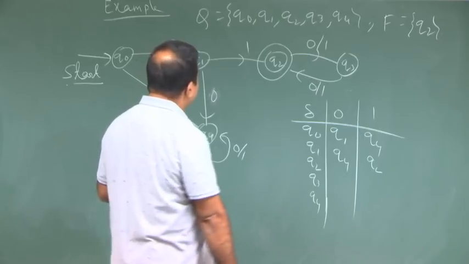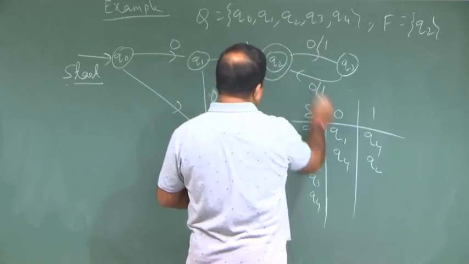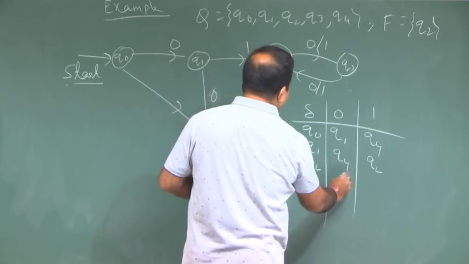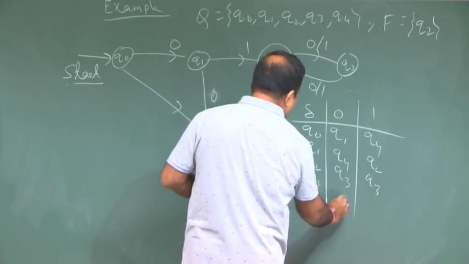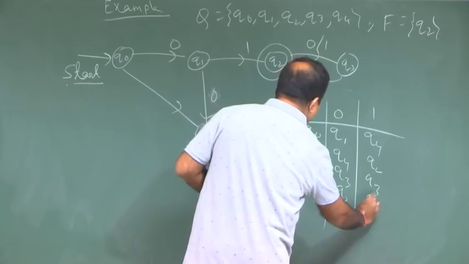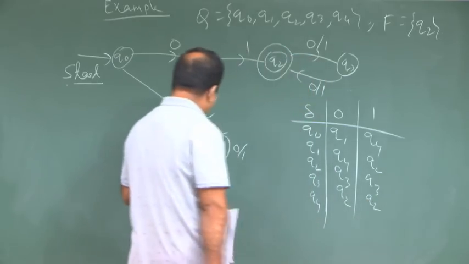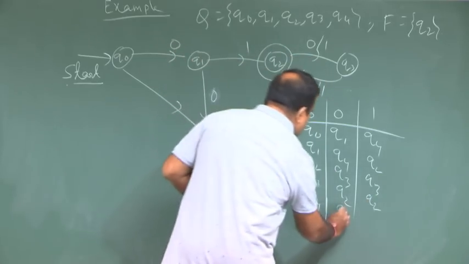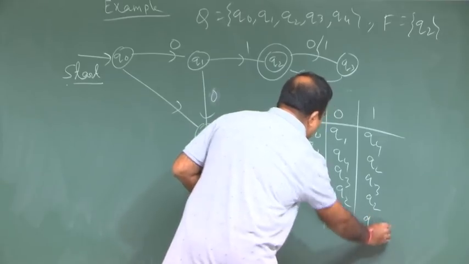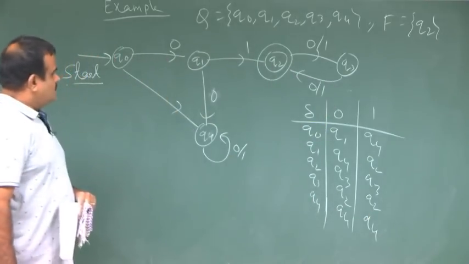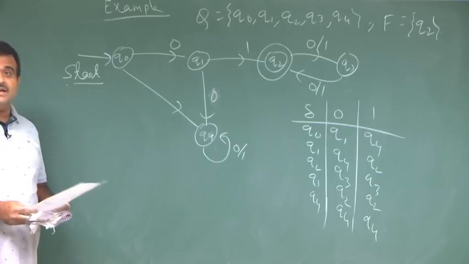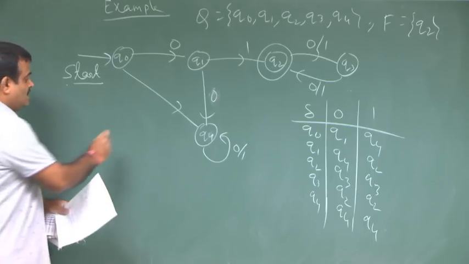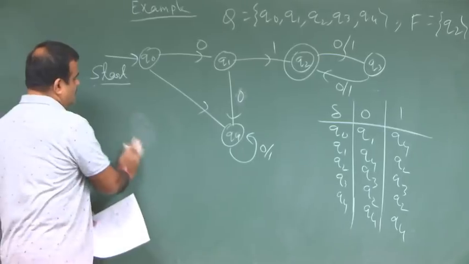And from q2, if you see 0 or 1, both go to q3. And from q3, if you see 0 or 1, both go to q2. And from q4, if you see 0 or 1, both stay. So, this is our transition rule, the delta. This is not delta hat, this is the delta.